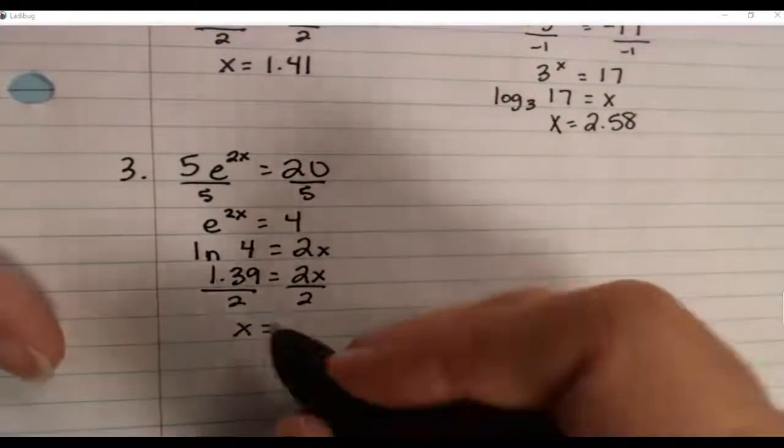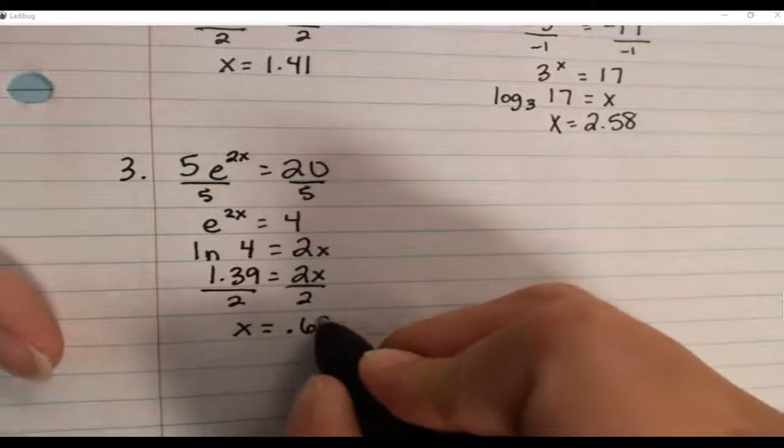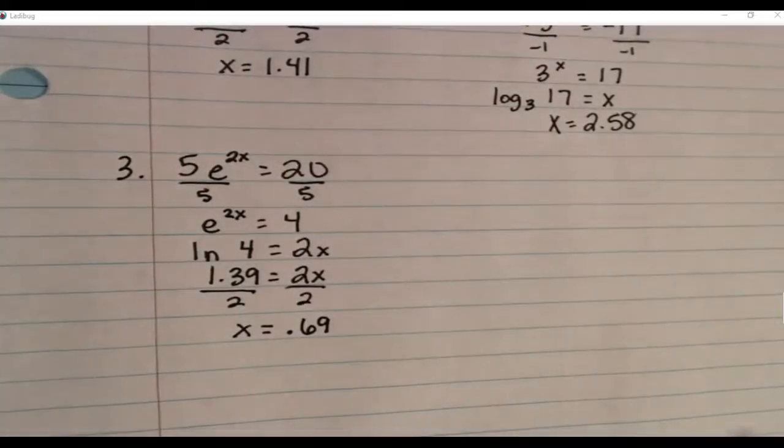And so you get about 0.69, depending on how you round it. Questions. Alright, one more.